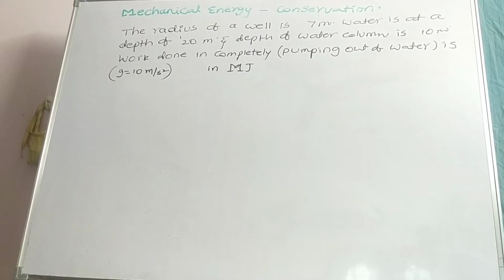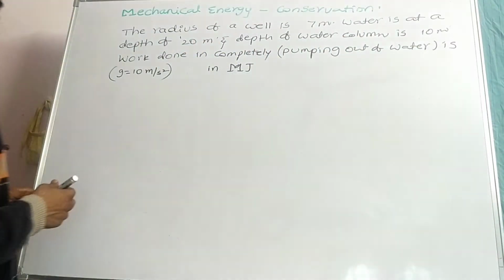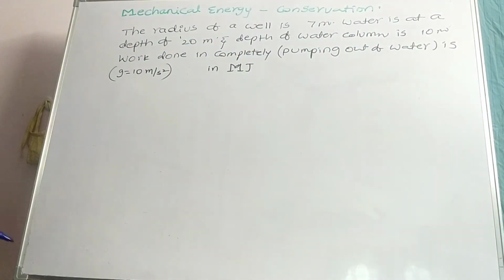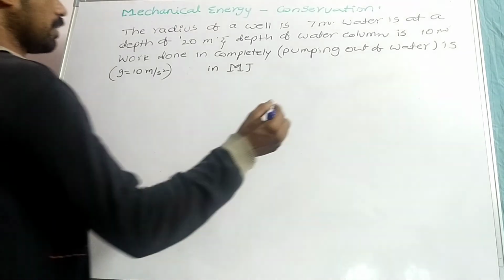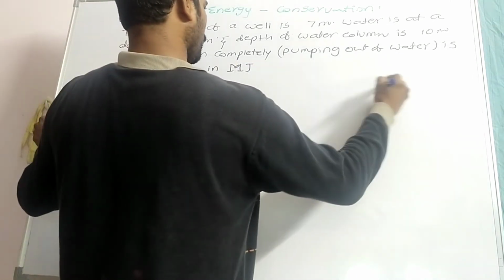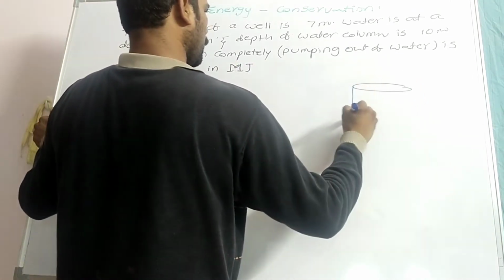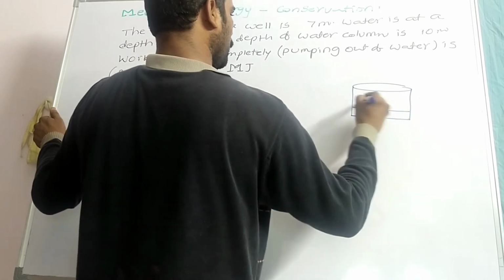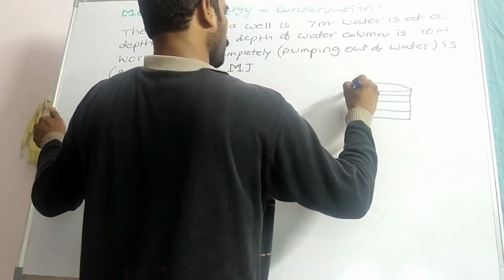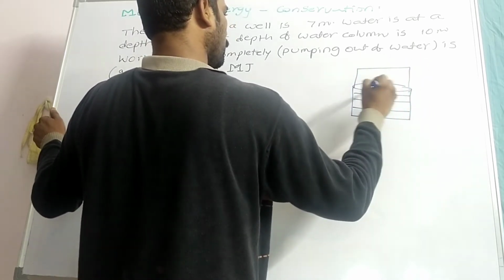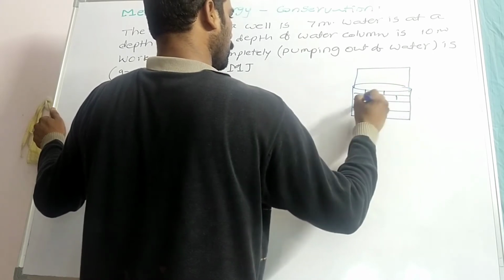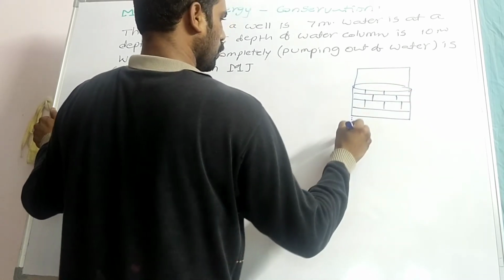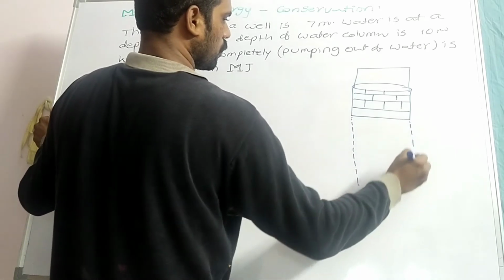We have the radius of the well as 7 meter, water is at a depth of 20 meter, and the depth of the water column is 10 meter. What is the work done in completely pumping out the water from the well? Let us consider the radius of the well. Here the well looks like this. That is the depth.